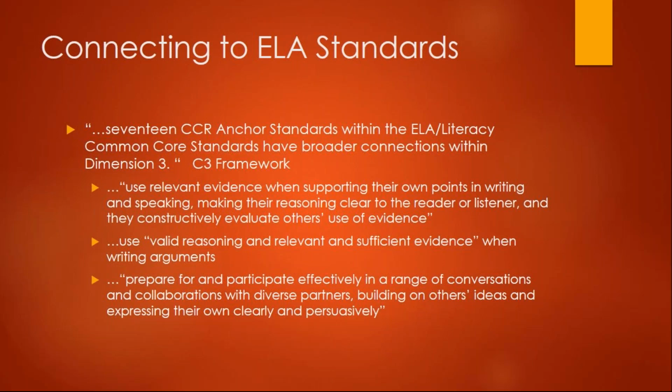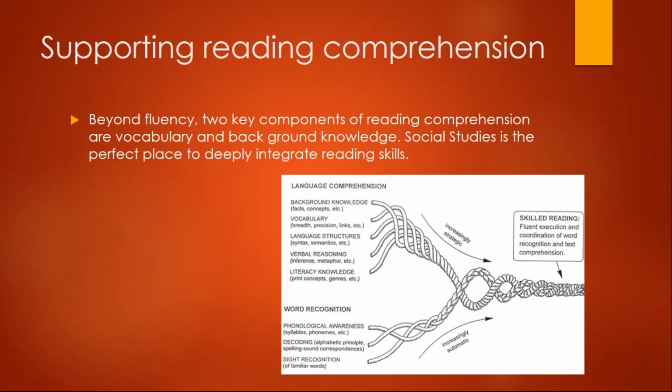If we continue digging deeper into what research tells us makes for a skilled reader in any content area, we can take a look at this great illustration that shows what reading is. It's like a tightly woven cord, with threads of language comprehension braided with word recognition, or what we might think of as fluency.